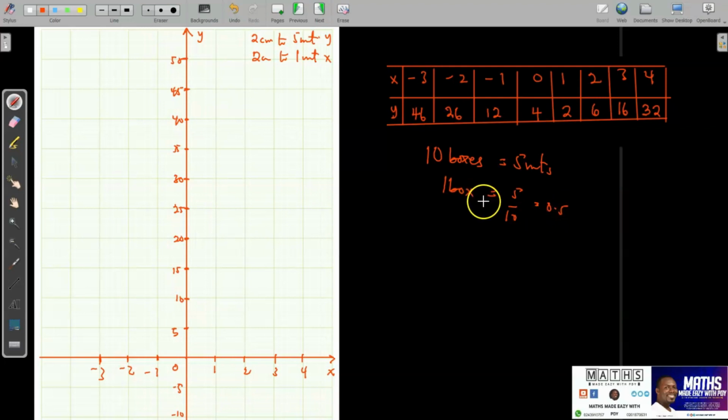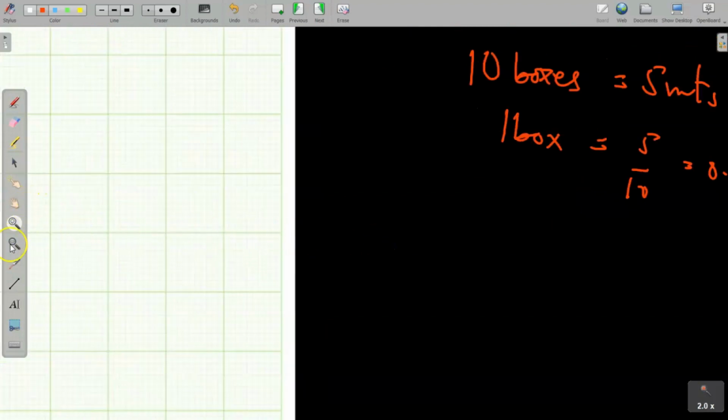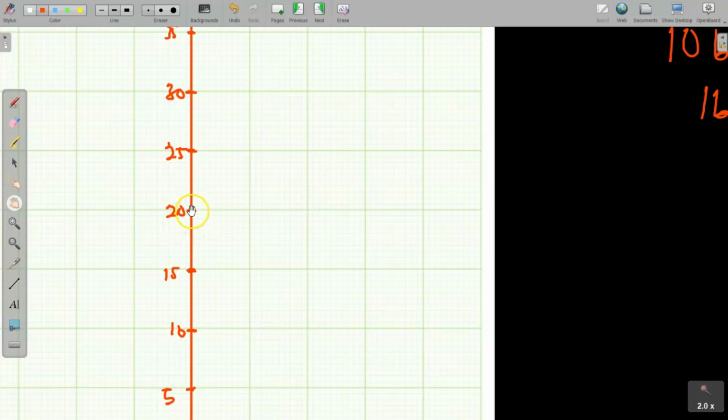So two boxes will give you one. If I maximize my screen a little, you can see what I'm talking about. So watch, we have 1, 2, 3, 4, 5, 6, 7, 8, 9, 10 boxes.